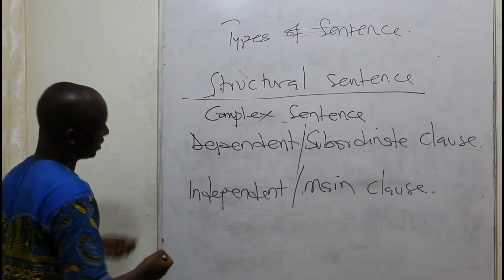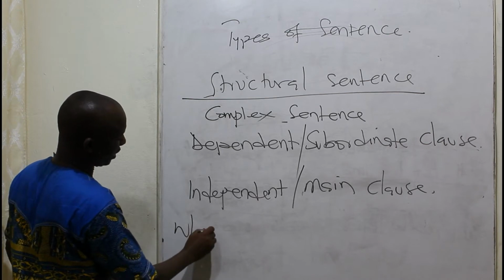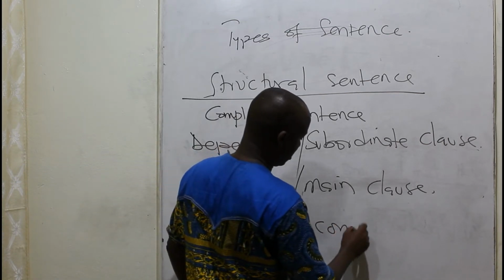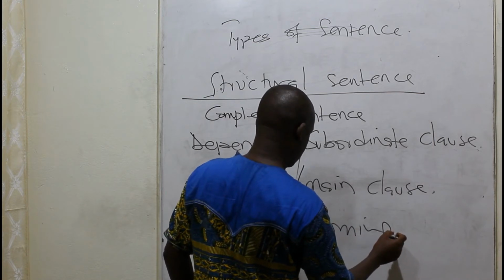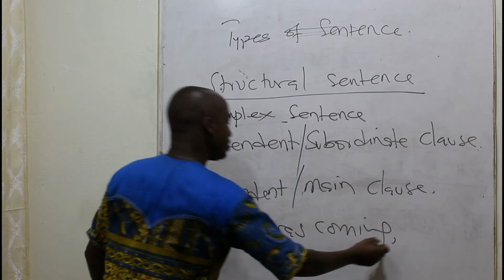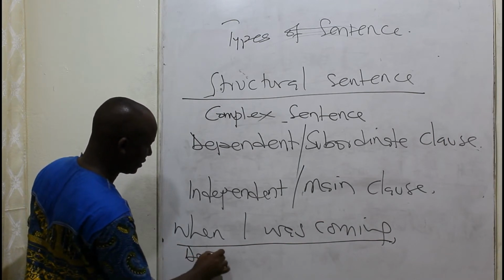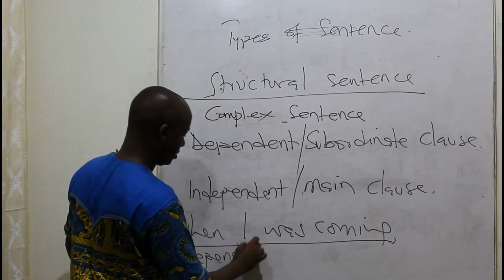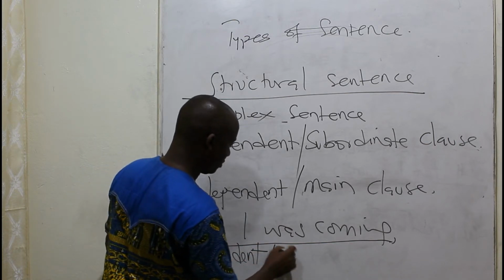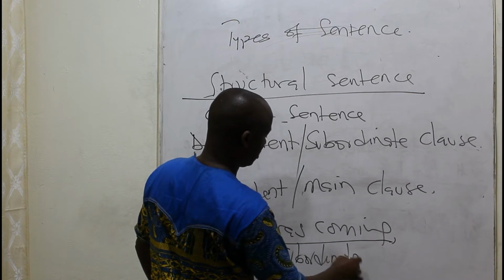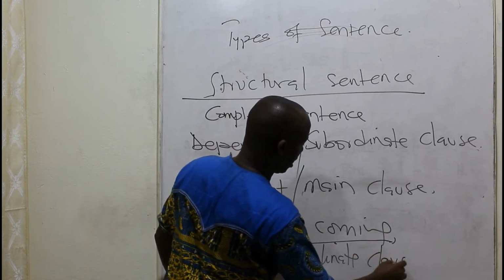So if I write, when I was coming, this is what we refer to as a dependent or subordinate clause.